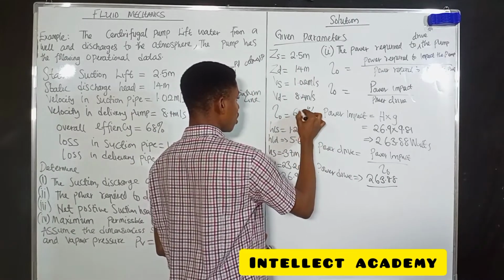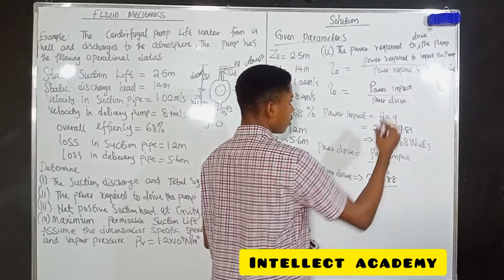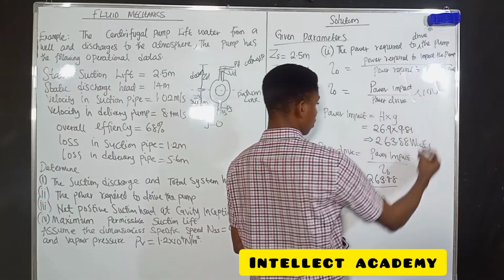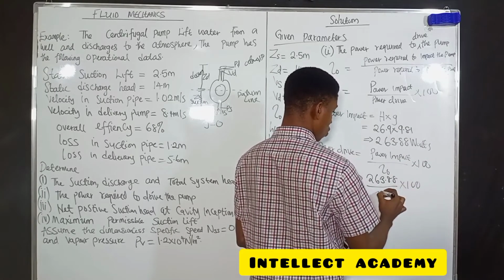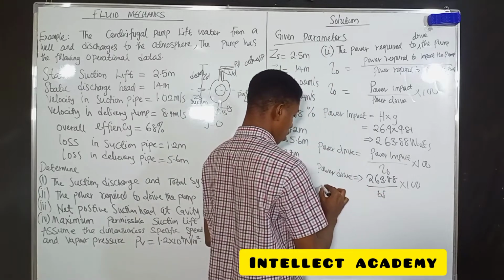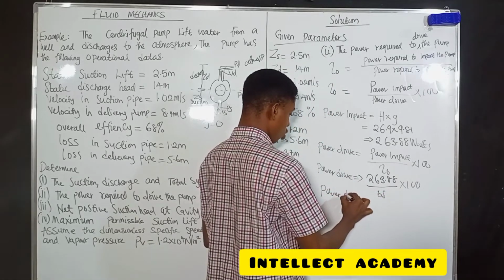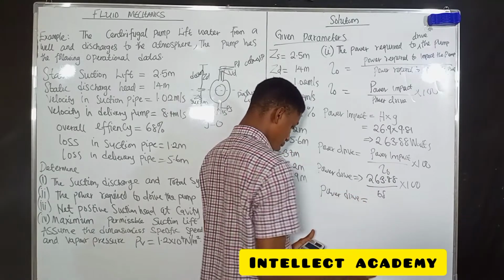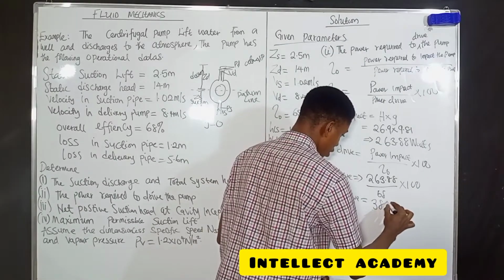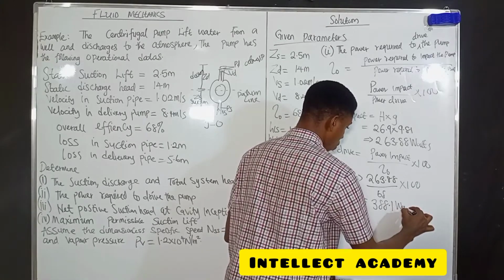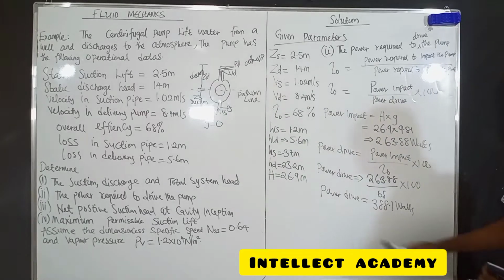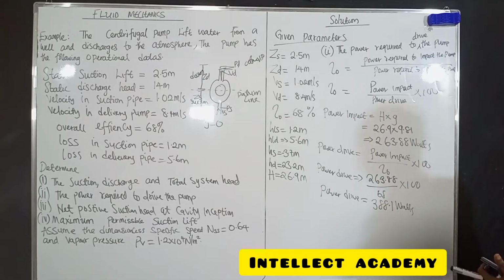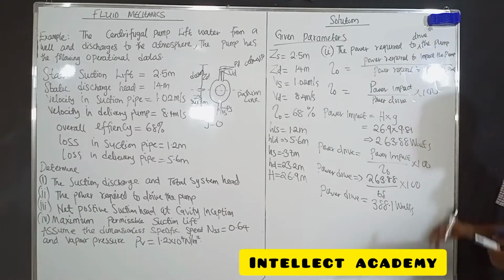So we multiply this by 100 over 68. Now we have our power to drive the pump given by 388.1 watts. Take note that this is the power required to drive the pump.